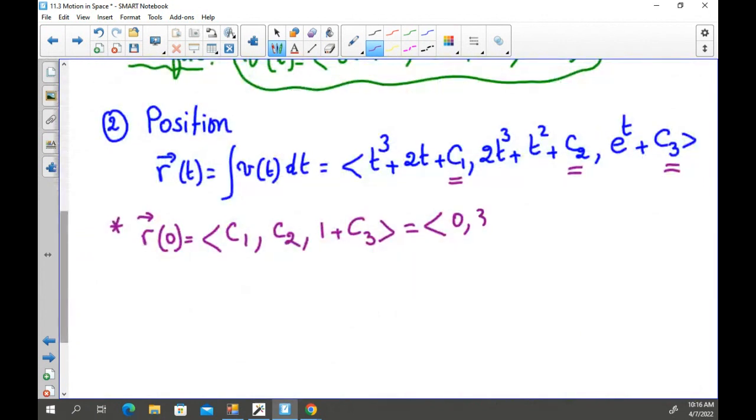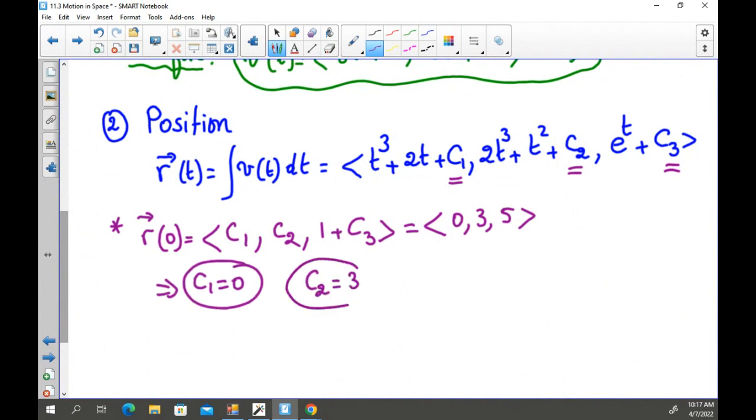That means C1 is 0, C2 is 3, and then 1 plus C3 equals 5, which means C3 is 4, like this.